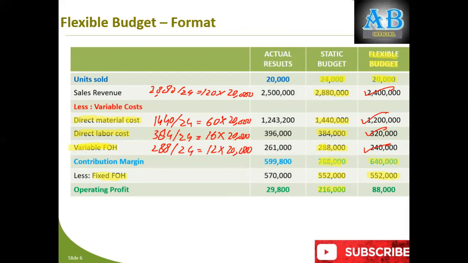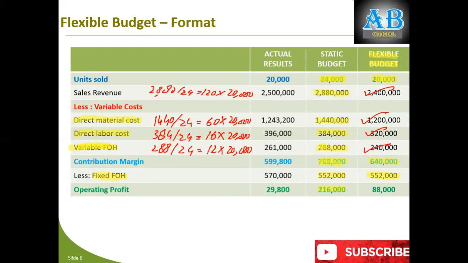So in complex questions, first of all, you have to identify, if it is not given you any hint, which cost is your variable, which cost is your fixed. And when you have semi-variable cost, in that case, you will again bifurcate it into variable and fixed by using high and low method.